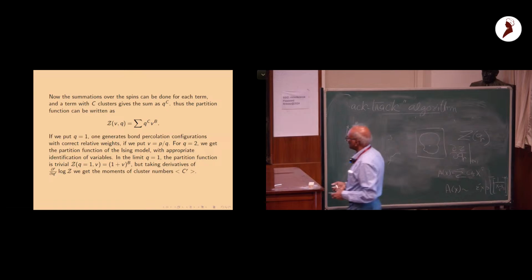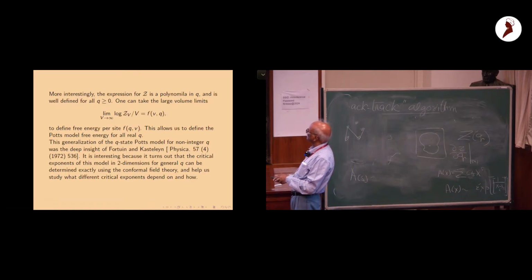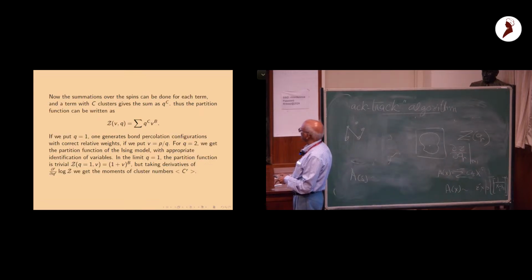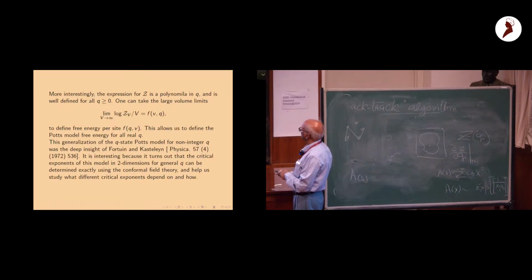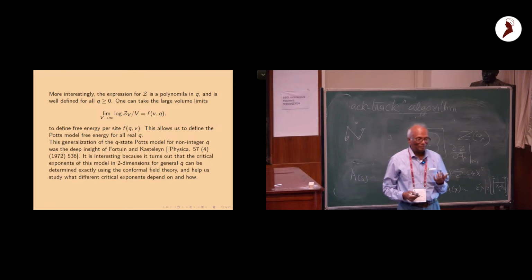Okay, so that is what we would like to do. And then I've got this log Z. It turns out that if you take a bigger V, then log Z will be proportional to V in this general sum, because it is a sum of terms.